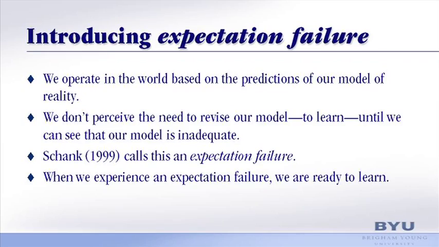So again, we operate in the world based on our model, and as far as we know, it works just fine until something fails, right? And Schank calls this an expectation failure. Unless something fails, we're going to assume that our model is sufficient. So when that fails, then we're ready to learn.